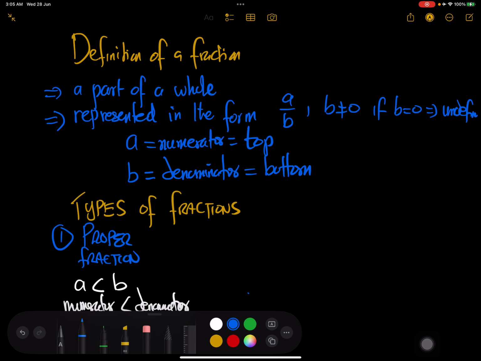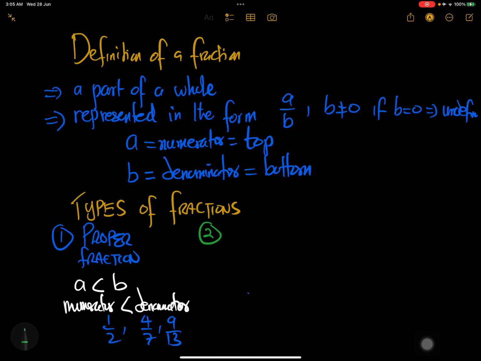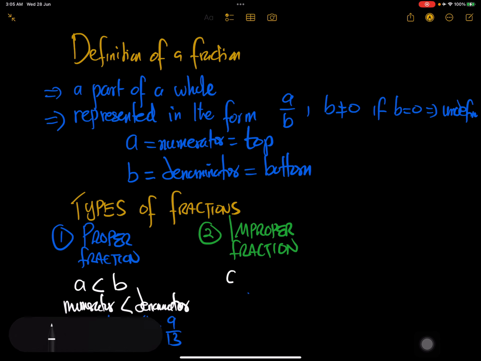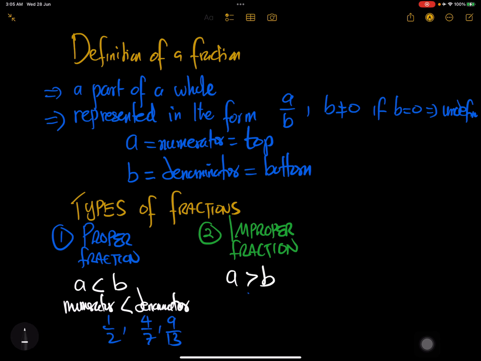The next type is known as the improper fraction. It is the reverse of the proper fraction. So here we have our A, and A is greater than B. That means the numerator is greater than the denominator.